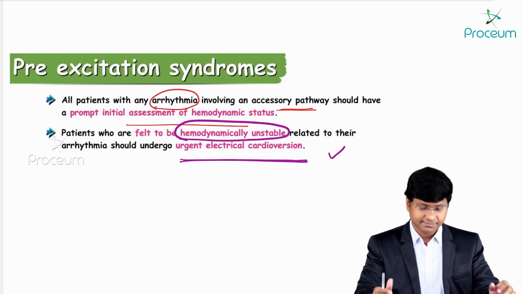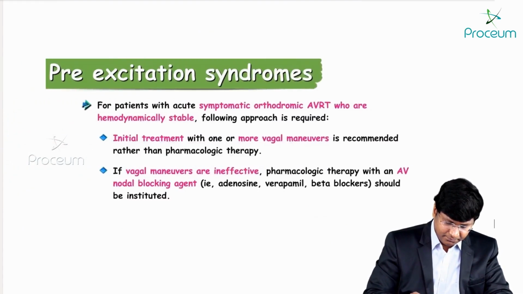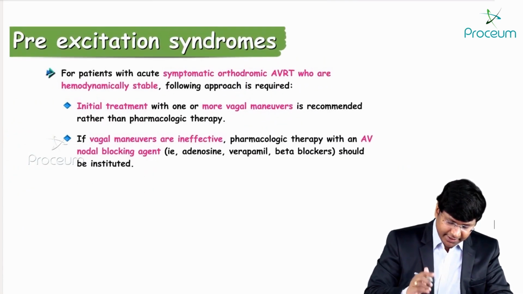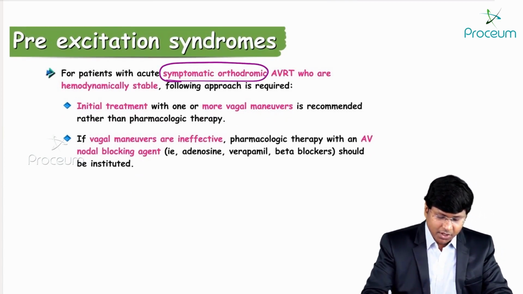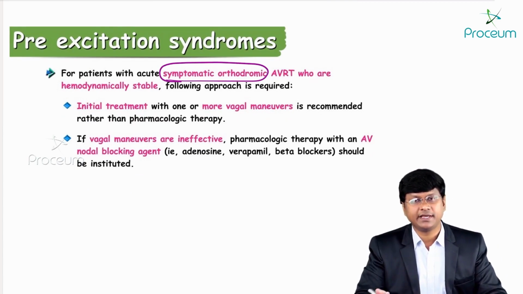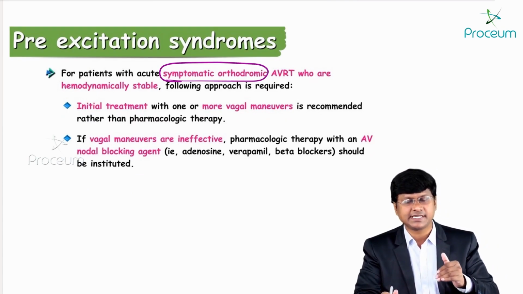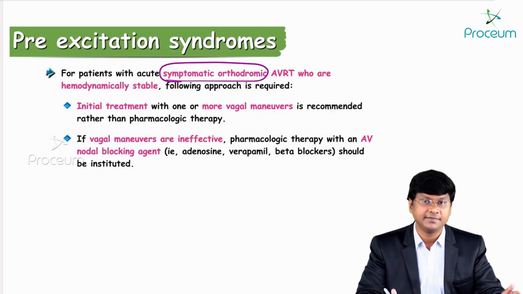Now, suppose the individual is having symptomatic orthodromic AVRT, like we have antidromic AVRT. I will be discussing this again in detail in the topic of the arrhythmias. What is AVRT?